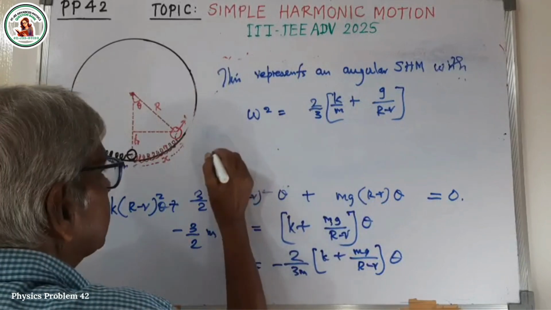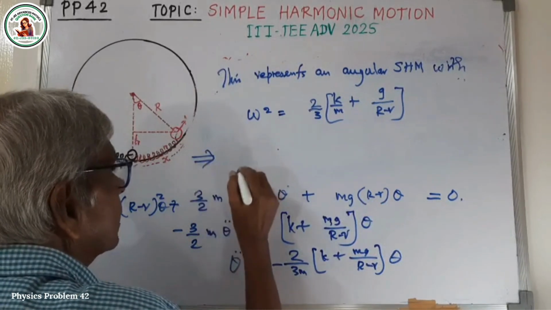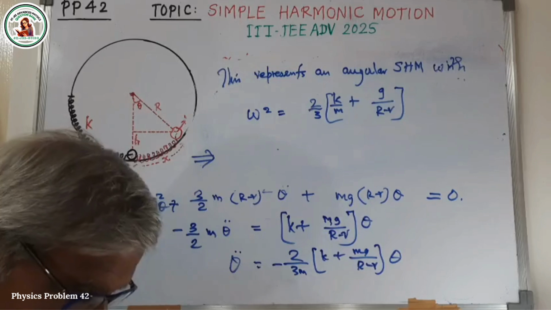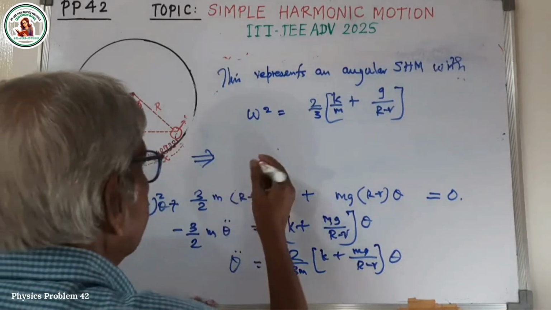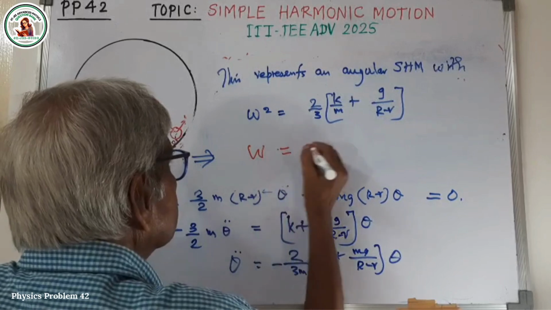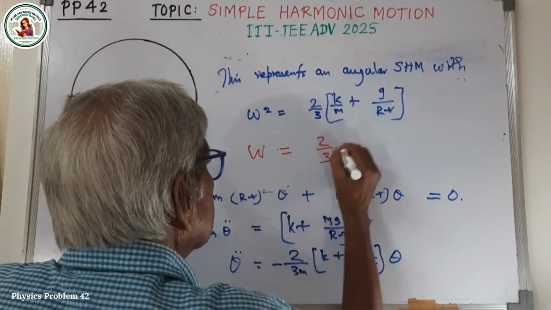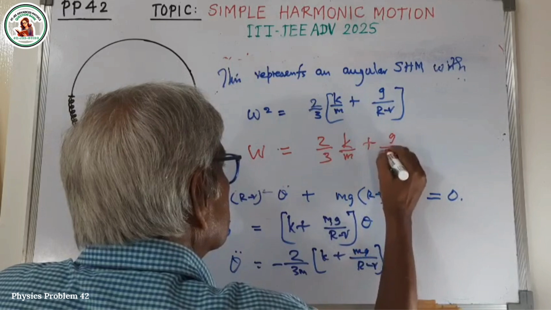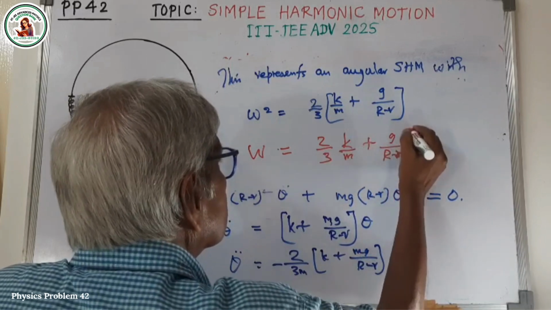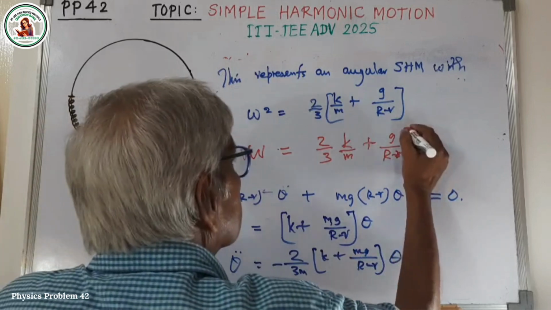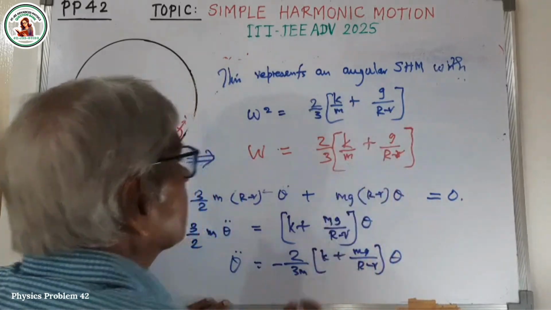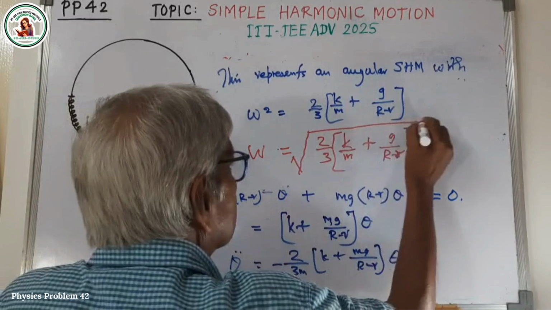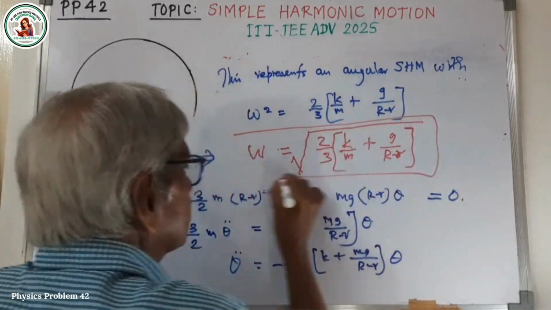The required angular frequency is omega equals, let me rewrite it, final answer: omega equals the square root of 2 by 3 (k by m plus g by (R minus r)). So this is the required answer.